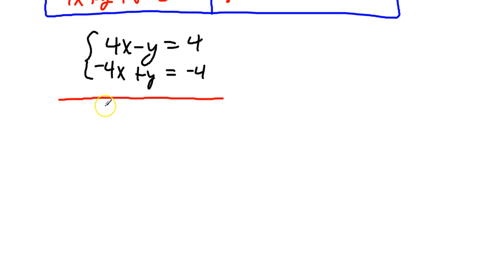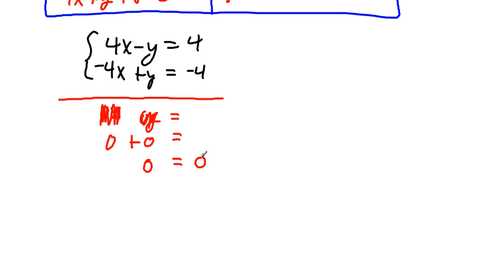You've got 4 minus 4, which is 0x, so that one's gone. But at the same time, you've also got a negative y plus y, which is also a 0y. So basically, you've got 0 plus 0, which is 0. And then 4 minus 4 is 0.